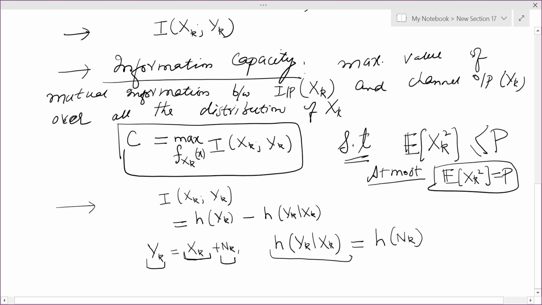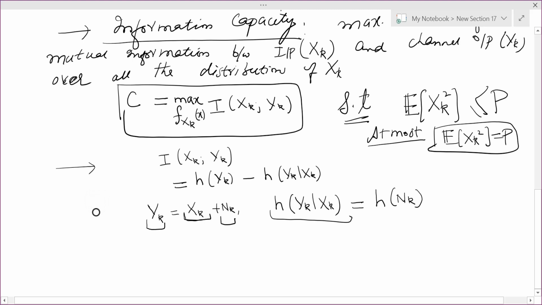Because conditioned on xk, someone tells you what xk is, some genie tells you what xk is, so there is no uncertainty left about xk. Now in yk the only uncertainty left is because of nk, the noise. So this is the differential entropy of noise.